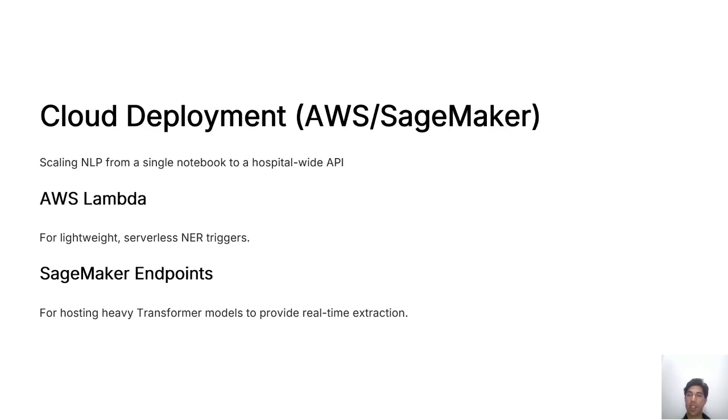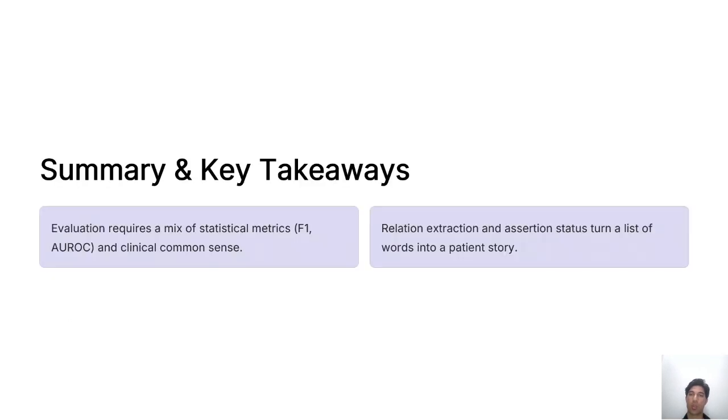For that, we use AWS Lambda for lightweight serverless NER triggers and SageMaker endpoints for hosting heavy transformer models to provide real-time extraction. So these are the cloud services that we can use.